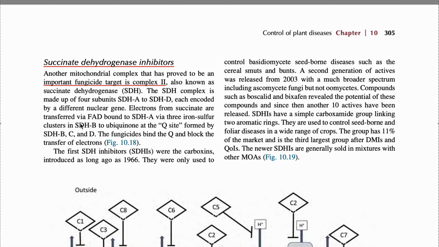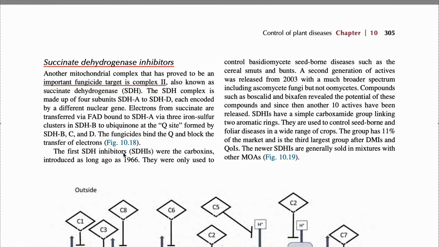Electrons from succinate are transferred via FAD bound to SDH-A, via 3 iron sulfur clusters in SDH-B, to ubiquinone at the Q site formed by SDH-B, C and D. The fungicide binds the Q site and blocks the transfer of electrons.